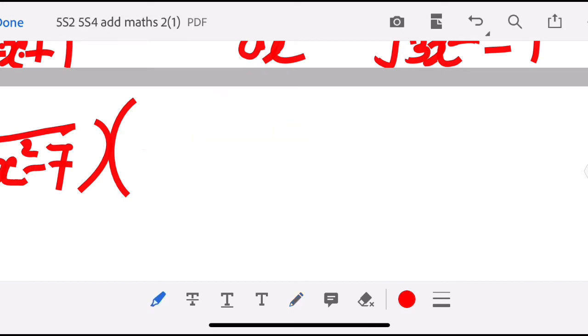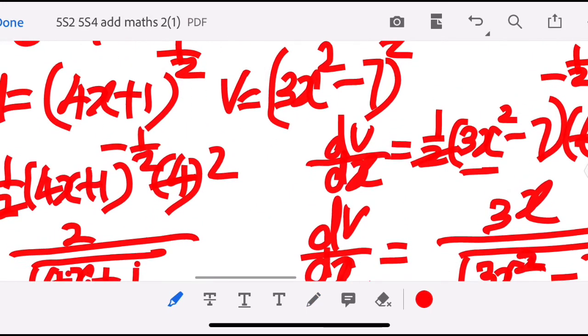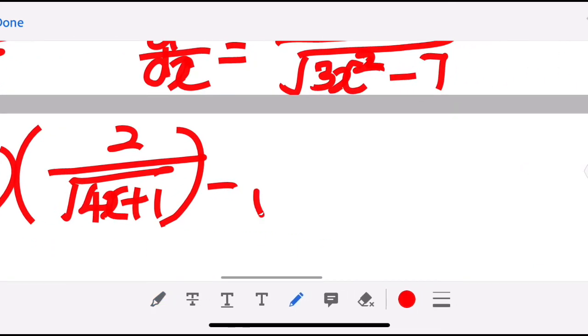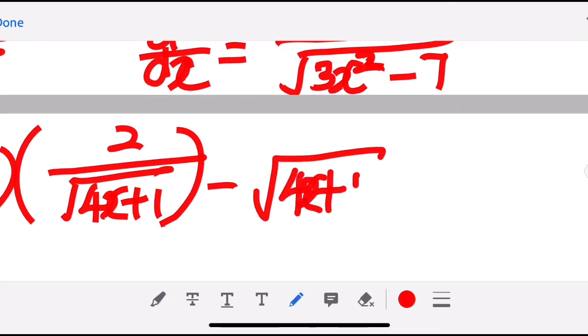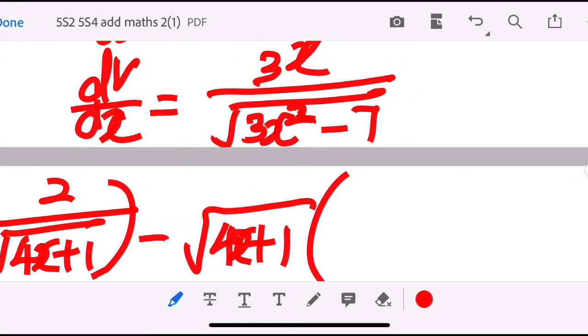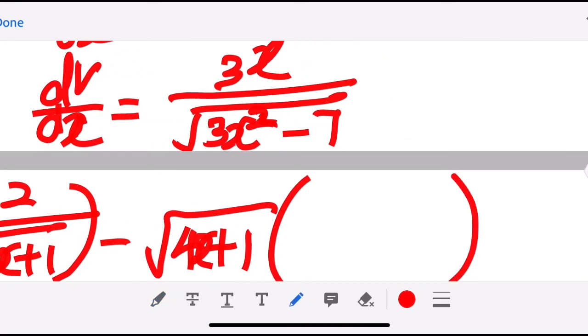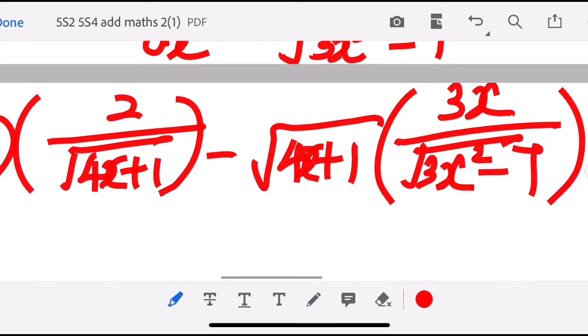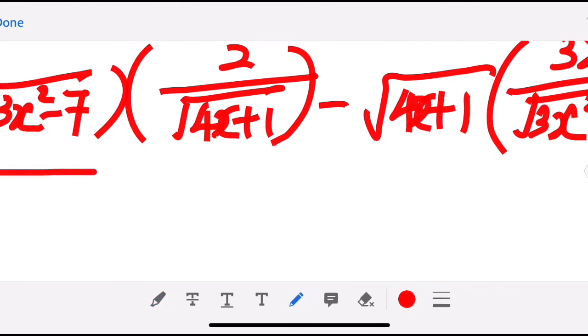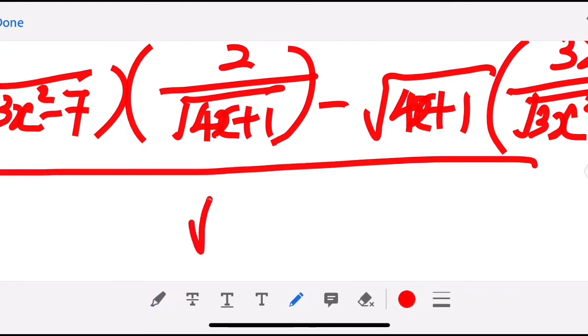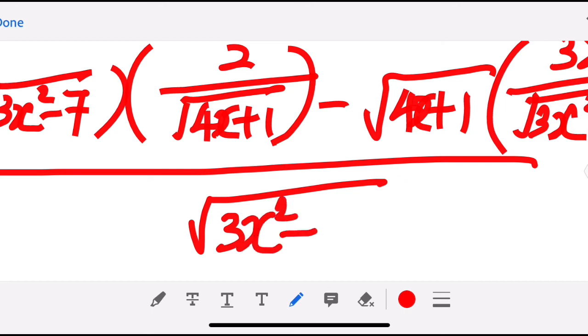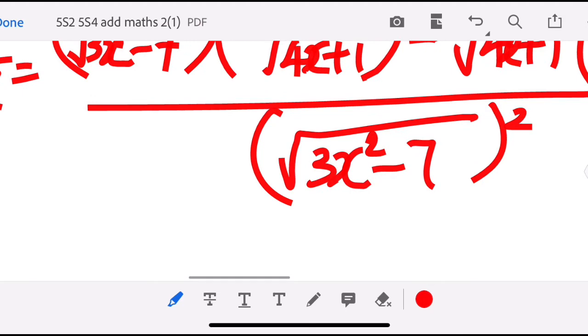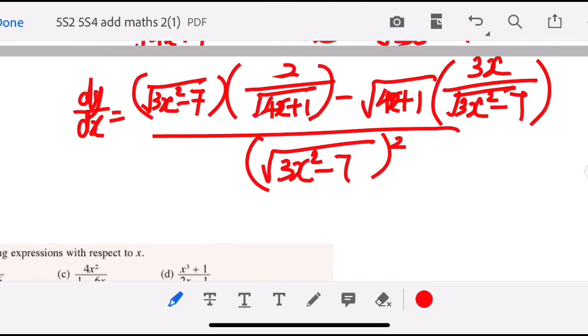Then we have the u, which is the square root of 4x plus 1, times the dv/dx, which is very complicated: 3x over the square root of 3x squared minus 7. All over v squared, which is the square root of 3x squared minus 7, squared. So now we will try to simplify.